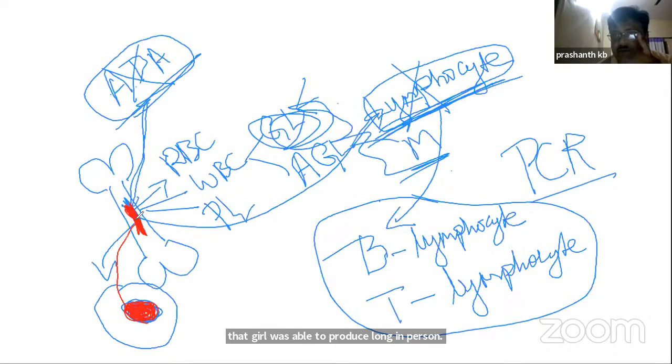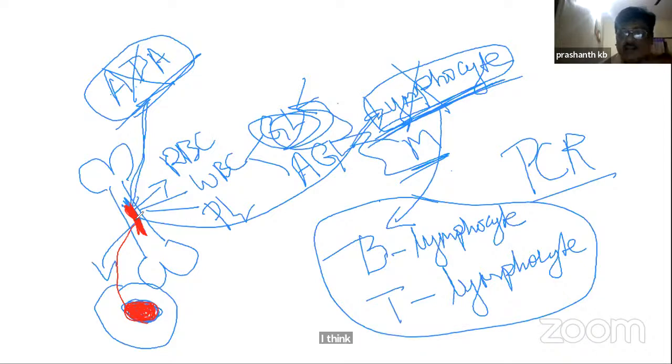I'll explain. In a 4-year-old girl, adenosine deaminase disease was observed where there was a deficiency of lymphocytes. To correct this deficiency, the bone marrow was removed. ADA DNA was incorporated into a retrovirus and allowed to infect the bone marrow present in the petri plate.